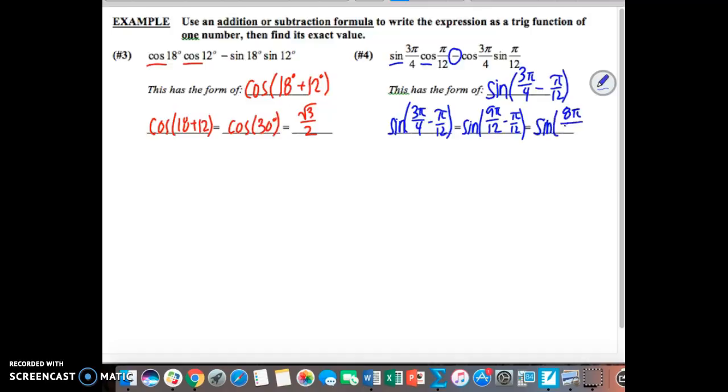So we have sine of 8 pi over 12, which we can reduce to sine of 2 pi over 3, which is just equal to the square root of 3 over 2. So for 3 and 4, we got an answer of square root of 3 over 2.